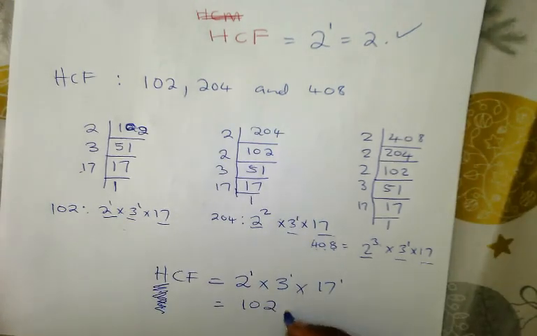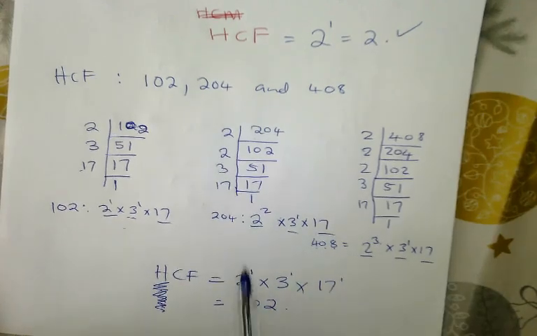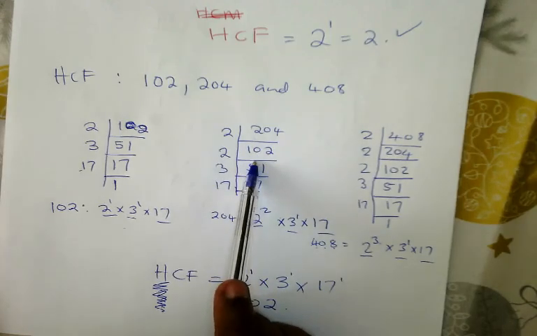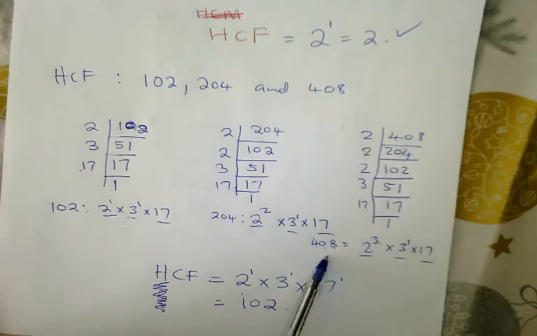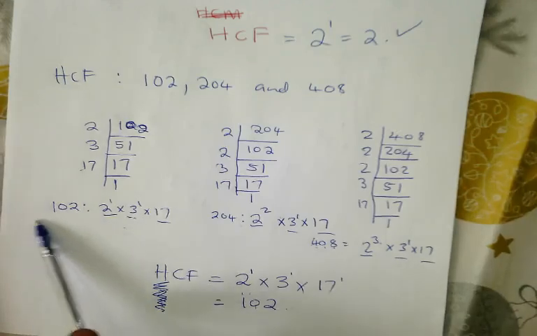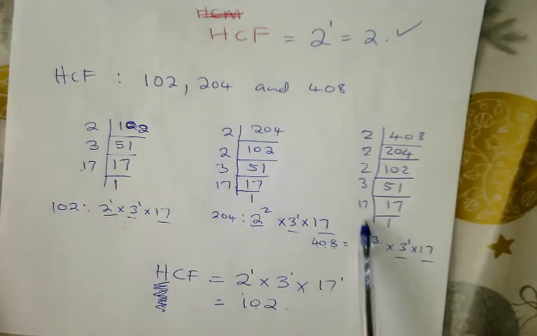So 102 can go into 102, 102 can go into this because we can see we got it there when we're doing our decomposition. And then 102 can also go into 408. So that's the highest number that can go into all these numbers. Okay, cool. Let's do LCM, then we're done.